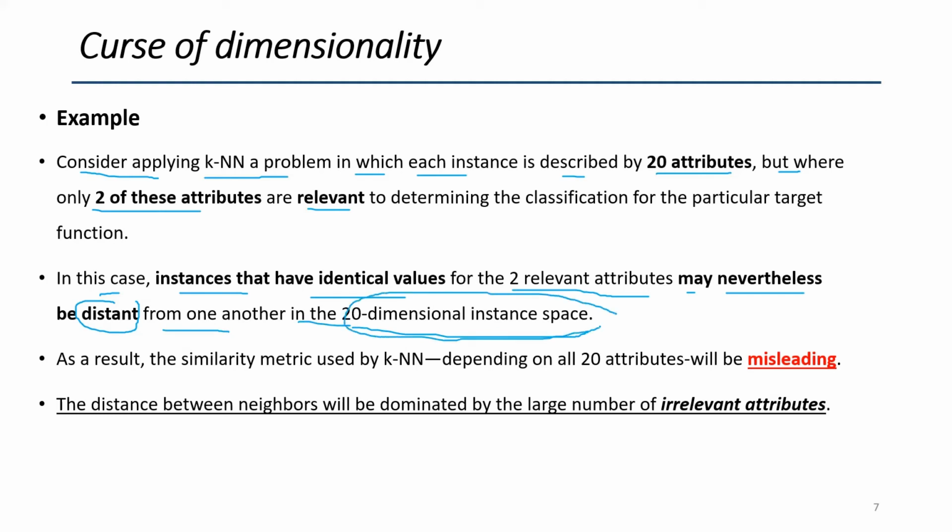They may be far away in the remaining 18 attributes. As a result, the similarity metric used by KNN, depending on all 20 attributes, will be misleading. So the distance between the neighbors will be dominated by the large number of irrelevant attributes. That problem is known as the curse of dimensionality. In tomorrow's lecture we'll be discussing feature reduction.